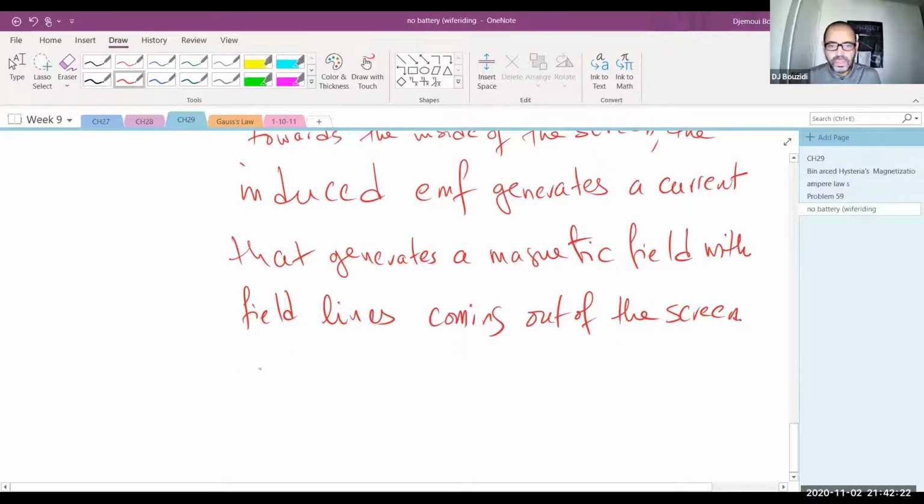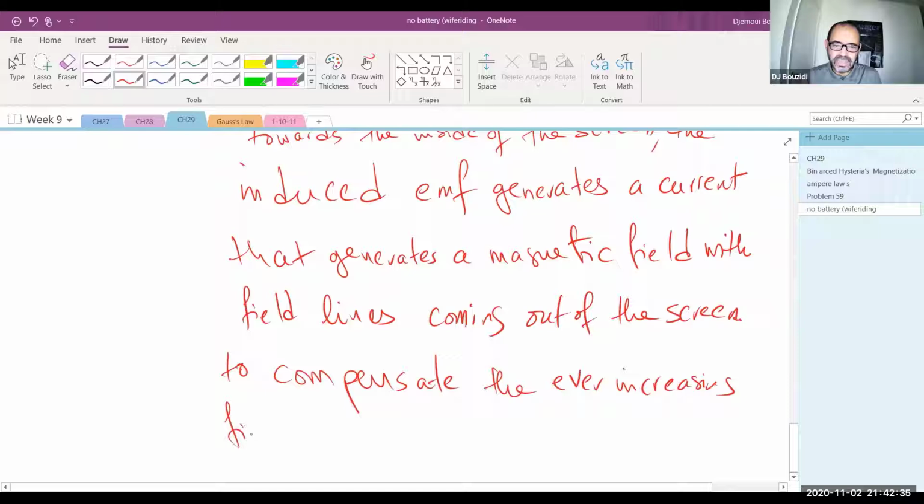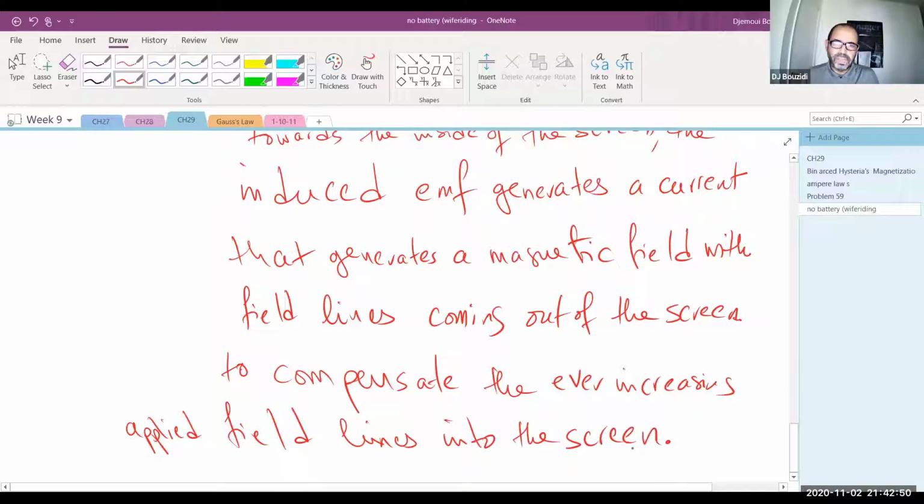To compensate for the ever increasing applied field lines into the screen. So that's basically the whole idea.